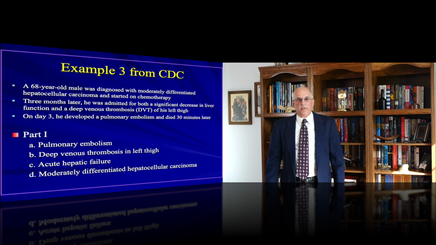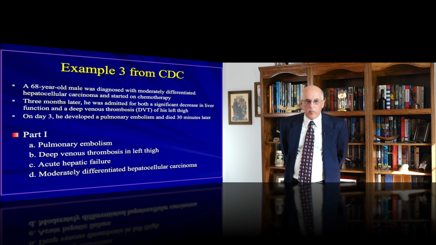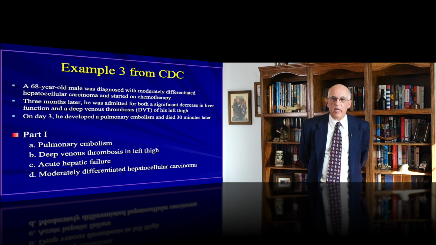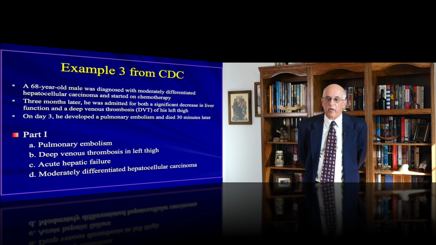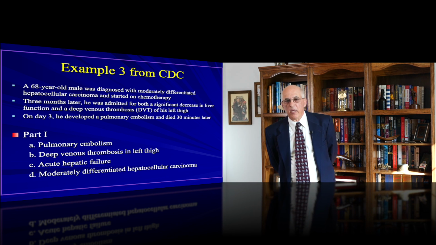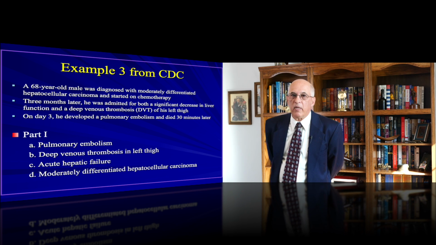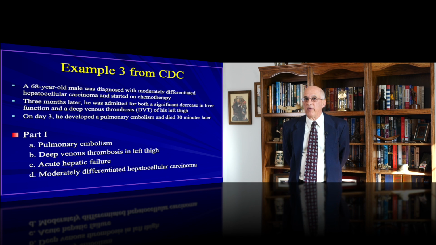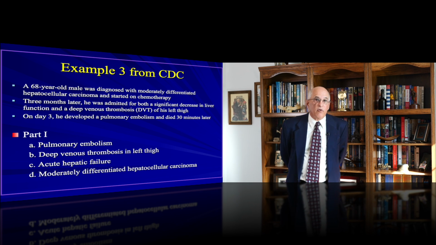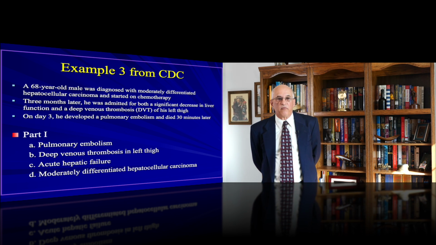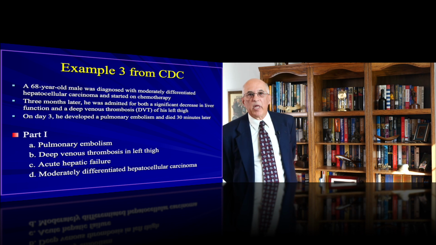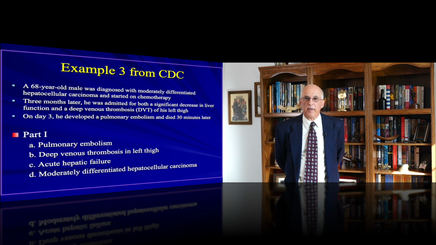And the last example here, in this case, it's a 68-year-old man who developed a liver cancer. Hepatocellular carcinoma is liver cancer, right? And was started on chemotherapy. Now, 3 months later, he got admitted for essentially liver failure. His liver was failing. The function was decreasing. But he also developed a blood clot in his left thigh.